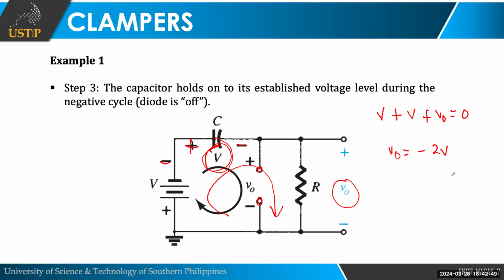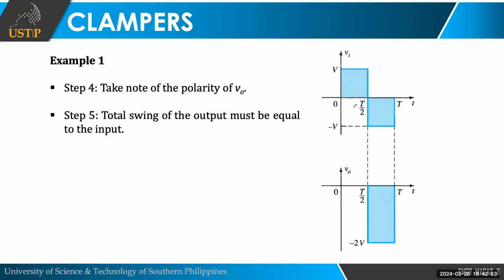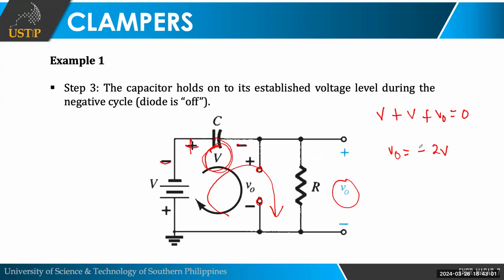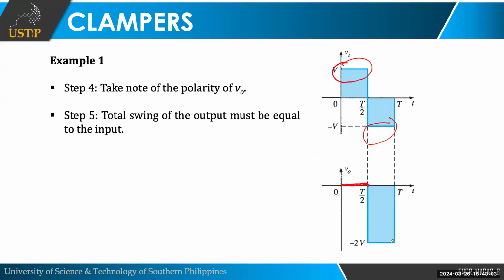So if I graph it, class, this will be the result. Okay? So during the positive cycle, your output is 0. During the negative cycle, what we got is negative 2V. So it is here, negative 2V. I'll draw a square so that the value is easier to see. So this is again the negative cycle. It becomes negative 2V. But let's check the total swing, class.